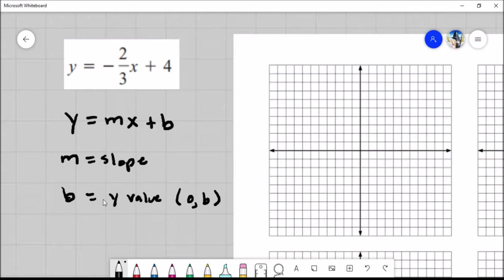The reason the b portion is the y value for your y-intercept is because, take a look at the x value. The x value is always 0 for your y-intercept, and the y value is always 0 for your x-intercept. I want to write that down as well.